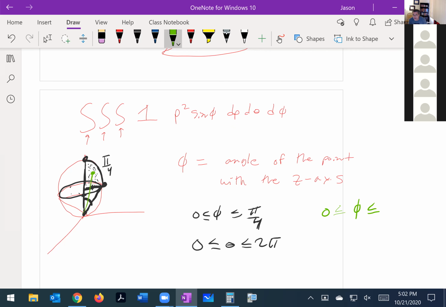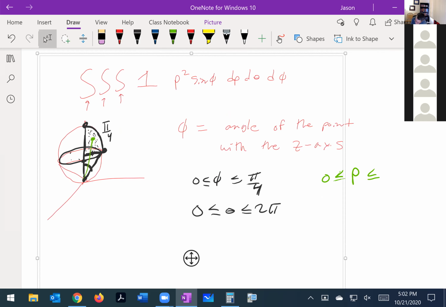It's going to be a function of phi. I'm sorry, this is rho. Rho is going to be a function of phi. And how do I know that?